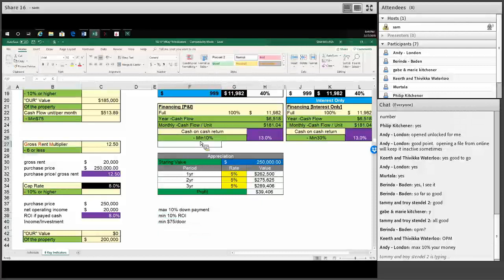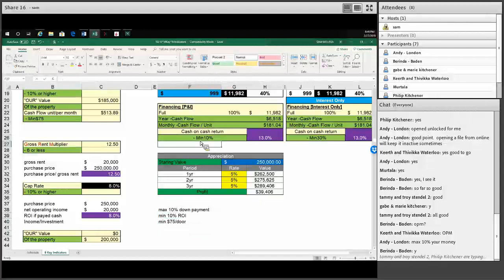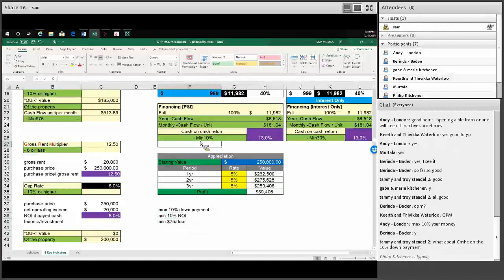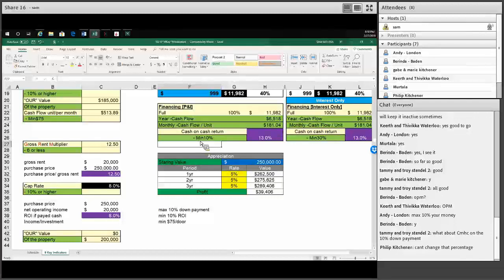And actually, if you can do this, everybody, for me, you see where it says minimum 30%? I actually want you to change that to 10. I don't want you to focus on 30%. I want you to focus on 10. Okay? Is everybody good? Everybody with me? So max 10% down payment, minimum 10% ROI, and minimum 75 a door. Those are the 3 things that we're looking at.